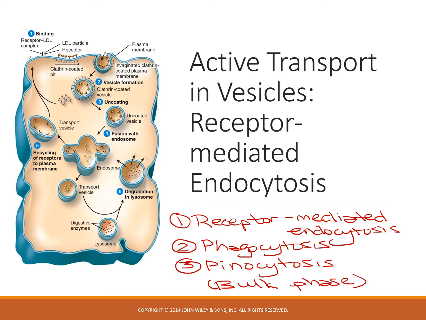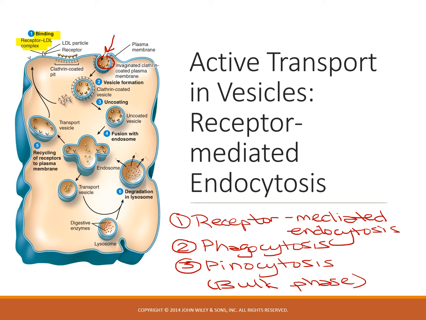So in receptor-mediated endocytosis, the one on this slide here, the cells have these very specific receptors on their plasma membrane, and they will bind to very specific ligands. And once they are bound, they're going to invaginate the plasma membrane and endocytose into this vesicle here.